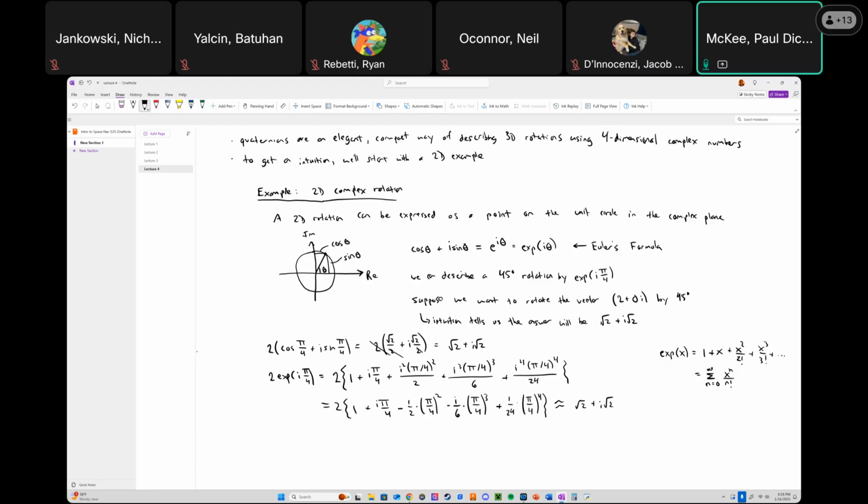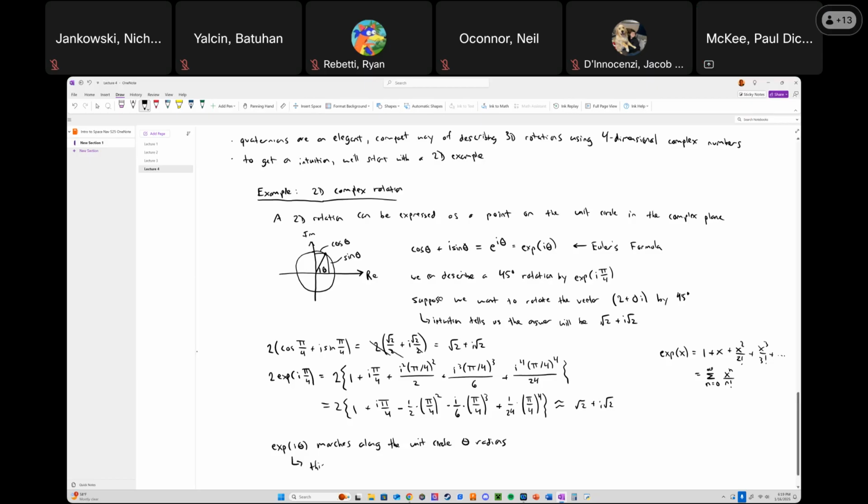So to summarize, the exponential function evaluated at I times theta marches along the unit circle by theta radians. So a couple of things.